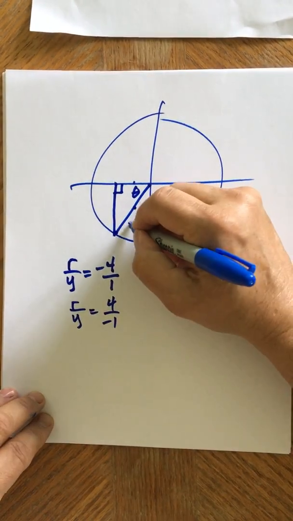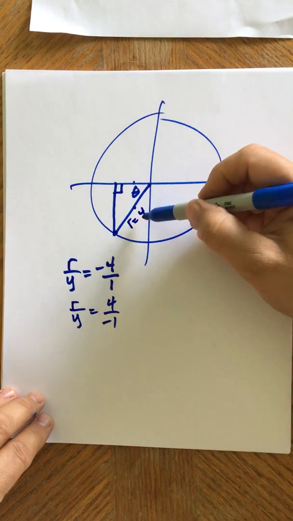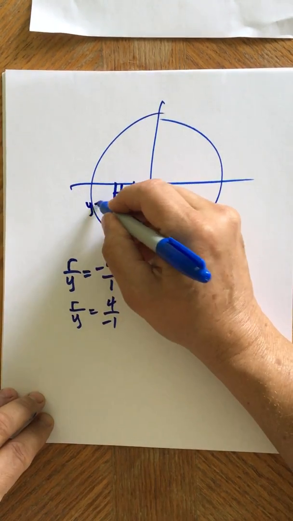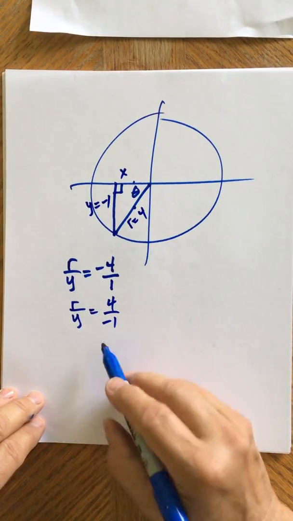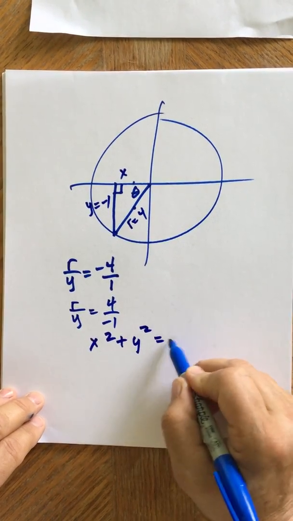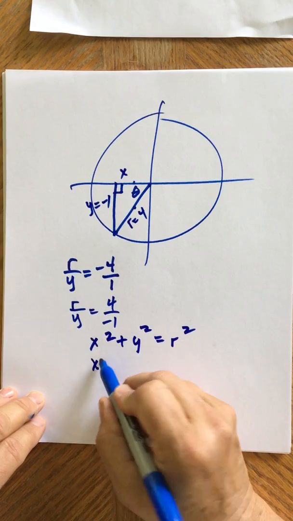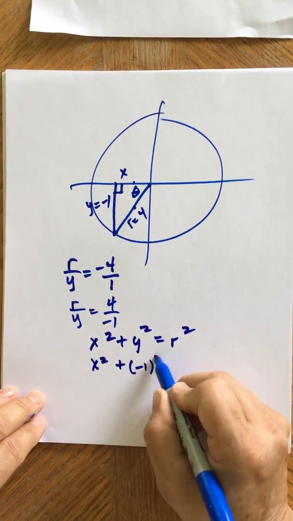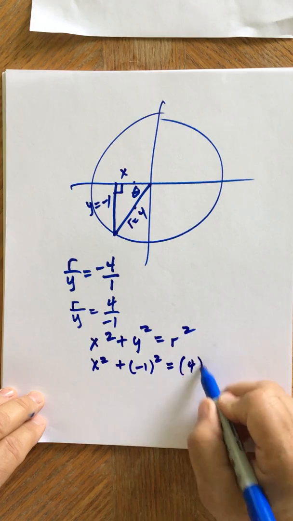So that means here I have r is 4, I'm on a circle of radius 4, and then y is -1, and I need to find x. Remember the Pythagorean theorem, x squared plus y squared is r squared. Now just start filling in what we know. -1 squared for y squared, and r squared would be 4 squared.